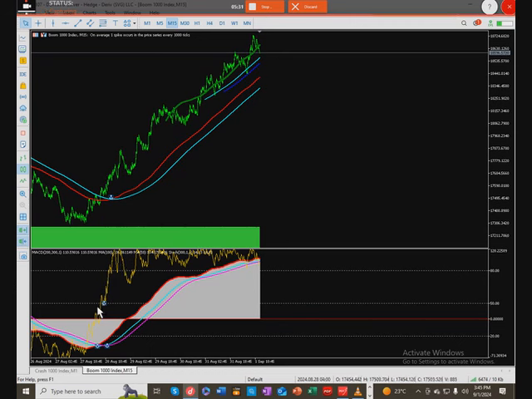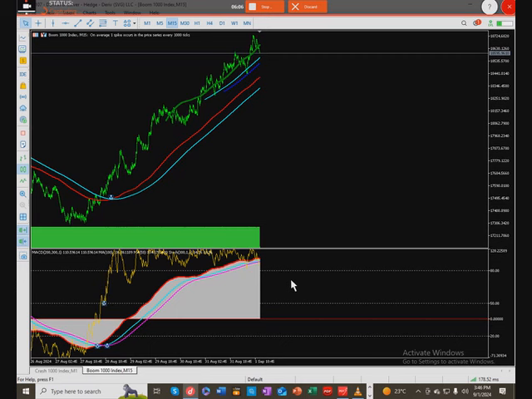When you see this stochastic oscillator signal crossing, as you see here, when it crosses the 50 level again, then you can take your sell.